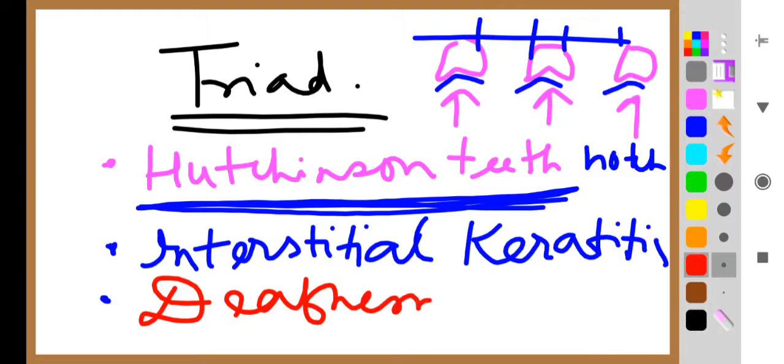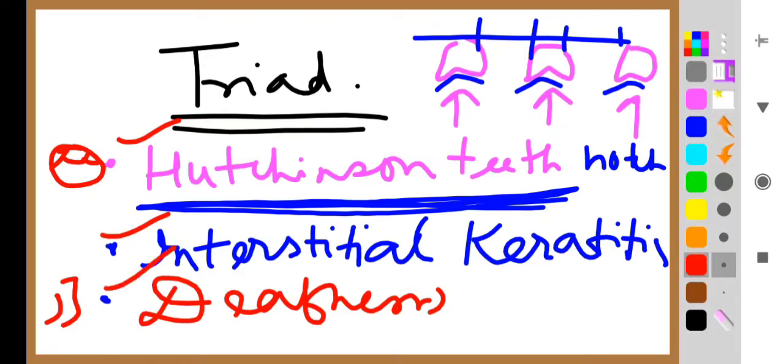So you have these three important things: Hutchinson teeth, interstitial keratitis, and deafness. These three are the triad.